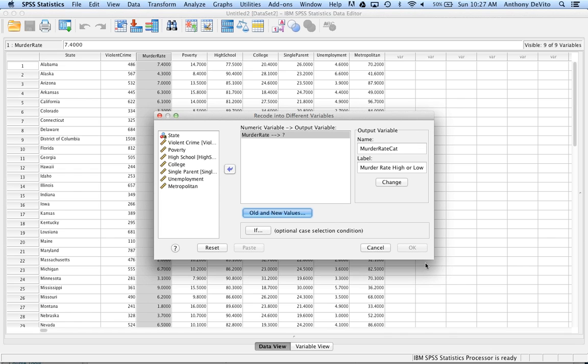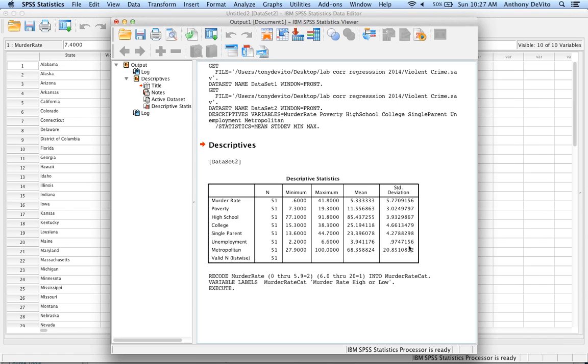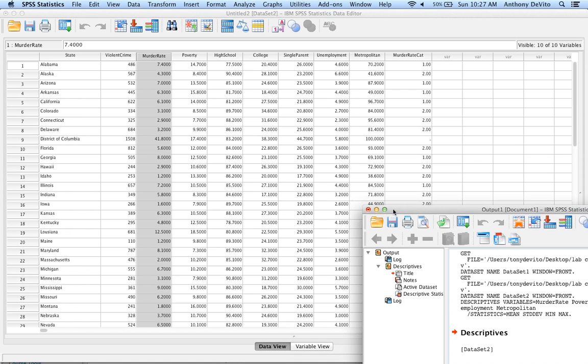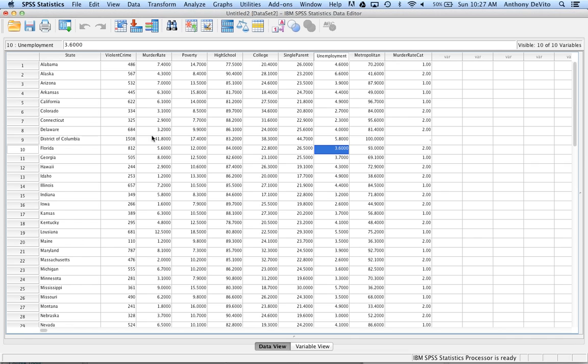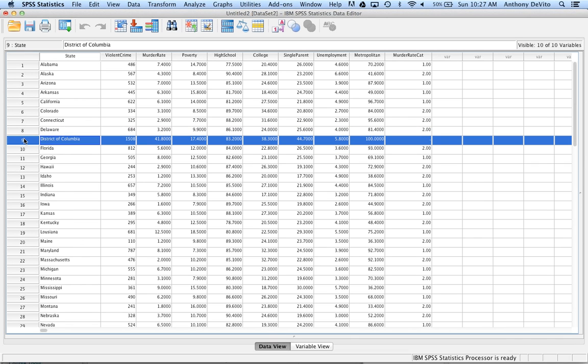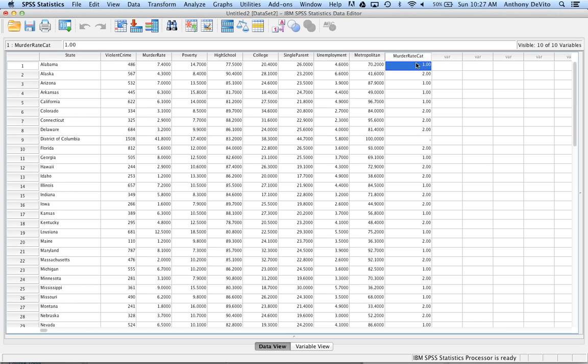I'll say continue, and then go ahead and change. Let's see if we're successful. There's our output window, but our real information is here. Notice it left out District of Columbia, which is what we were after. Alabama has a high murder rate, one is a high murder rate, because look at 7.4.